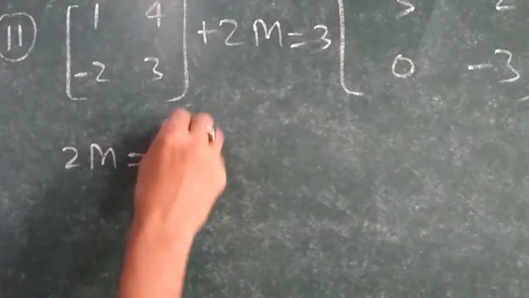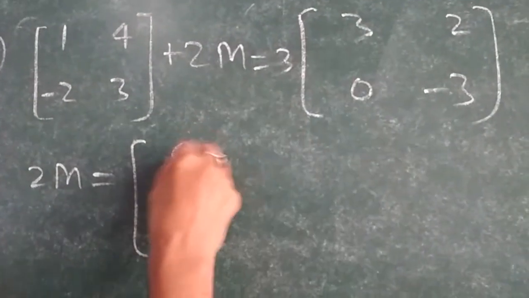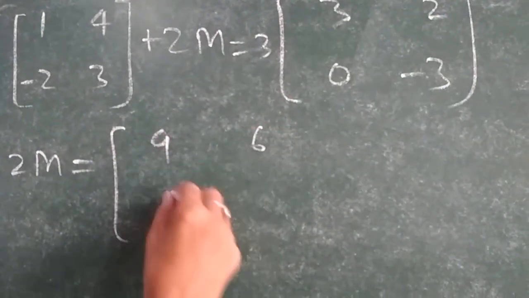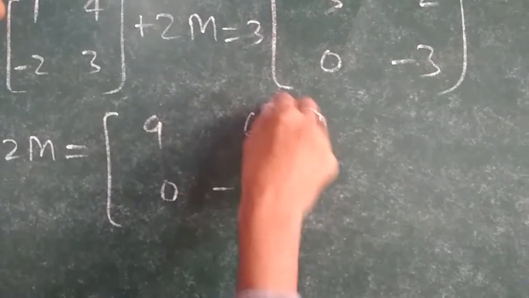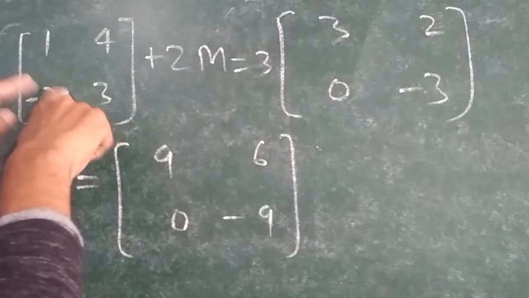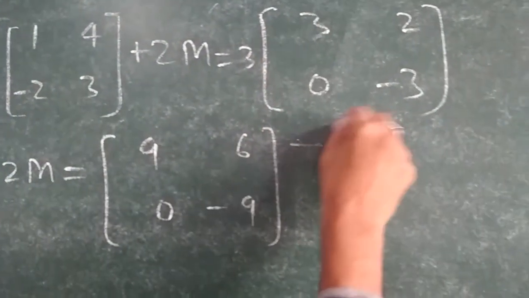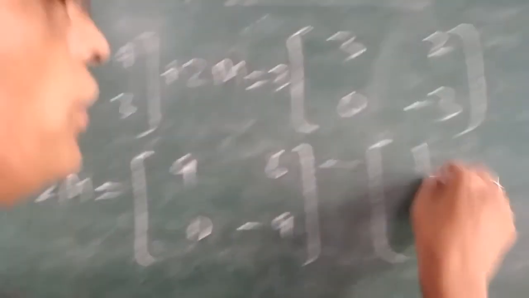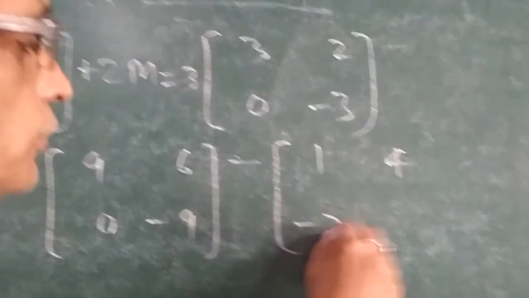First you multiply this. 3 into 3, 9. 3 twos are 6. 0, minus 9. Then you bring this, shift this matrix to this side. So here will be the negative sign. 1, 4, minus 2, 3.